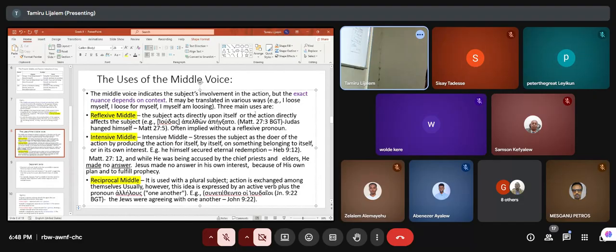Since the action is performed by Judas, and the receiver of the action is Judas himself, the action directly affects Judas himself. So we call that one reflexive middle.